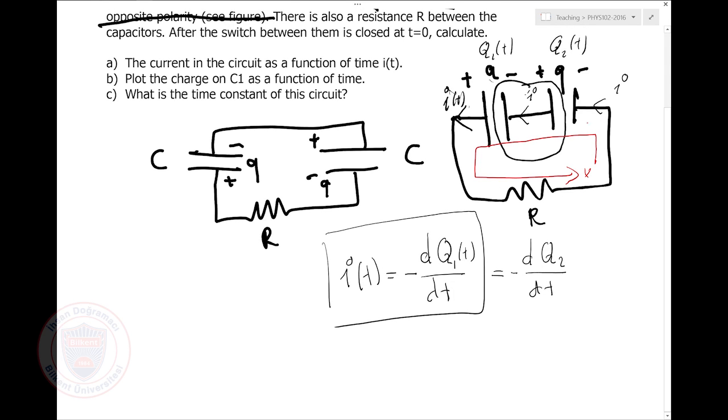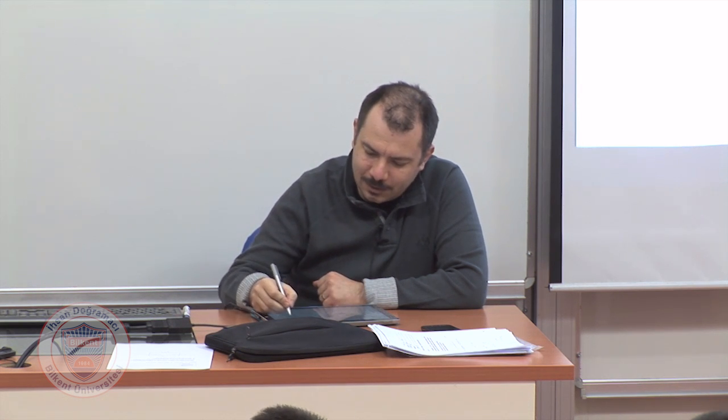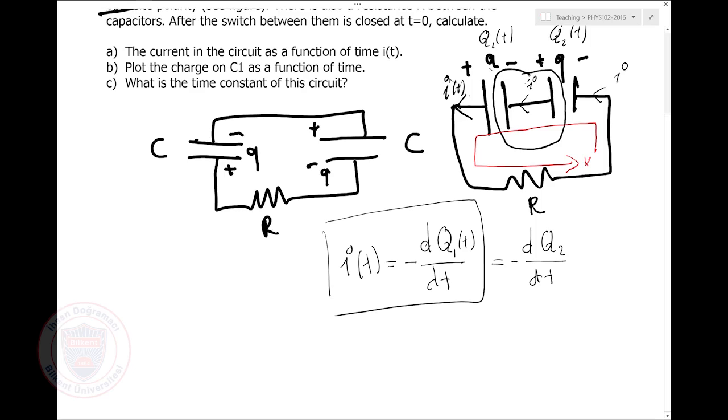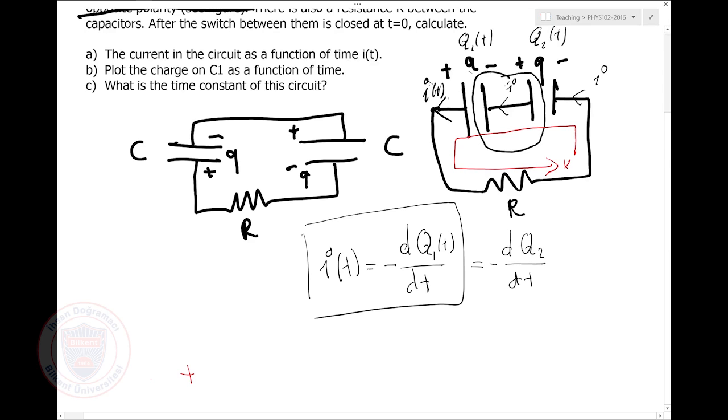So the first jump will be across the capacitor, and am I going higher up in potential or lower in potential? I'm going from the minus terminal to the plus terminal, right? So here, when I first cross my capacitor, what will be the potential difference? It will be plus Q2 of t divided by C.